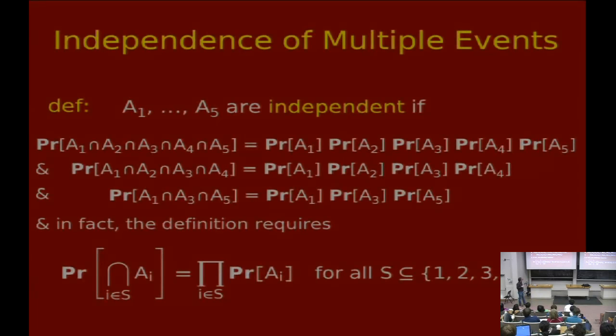In other words, A1 through A5 are independent if for every collection of them indexed by a set S, which is a subset of 1 through 5, the probability of the AND of the events in that collection is the product of the probabilities. So you see when 5 is replaced by 2, it's basically the same thing because the case when S is either everything or nothing is kind of trivial.